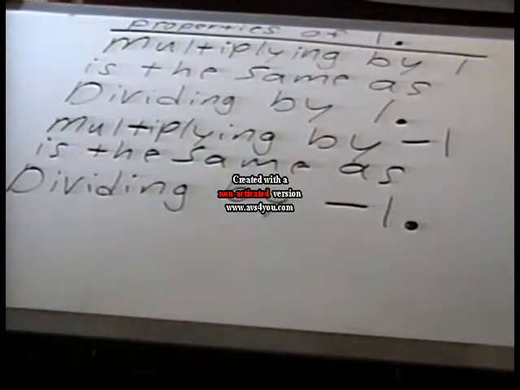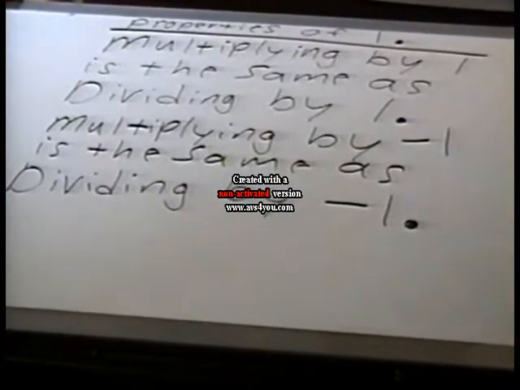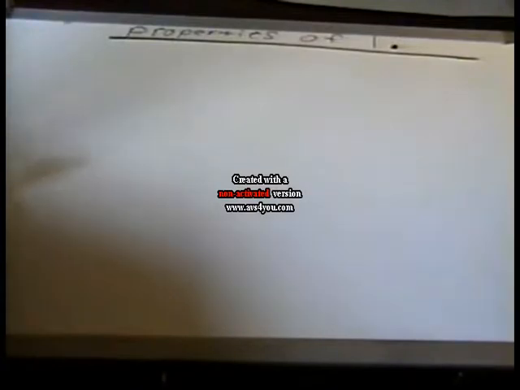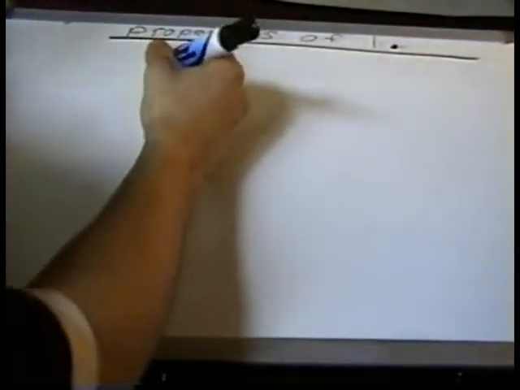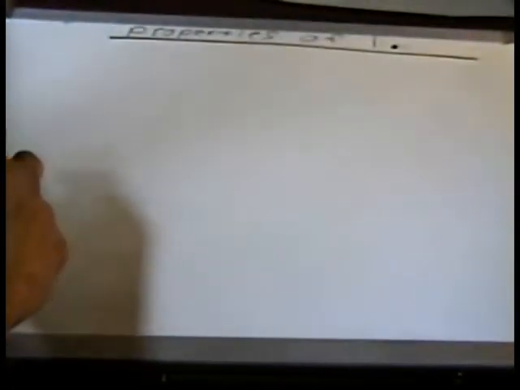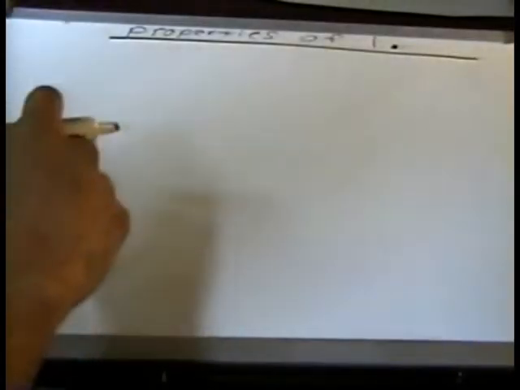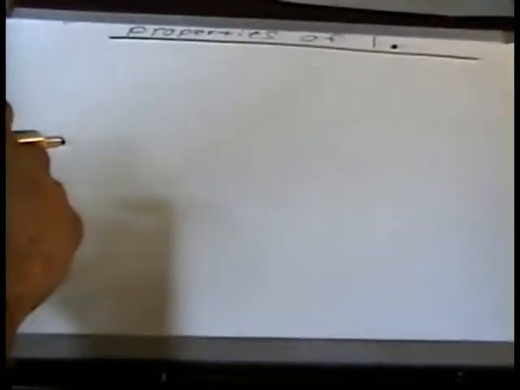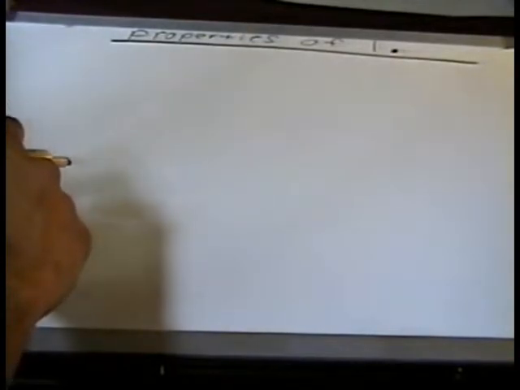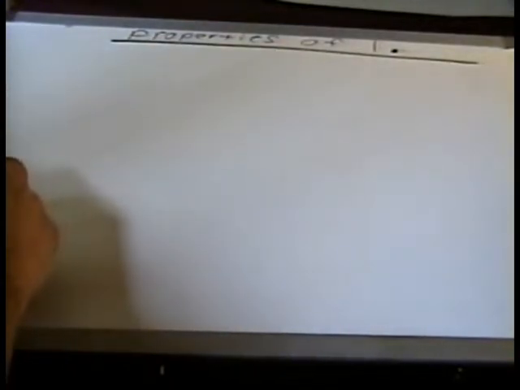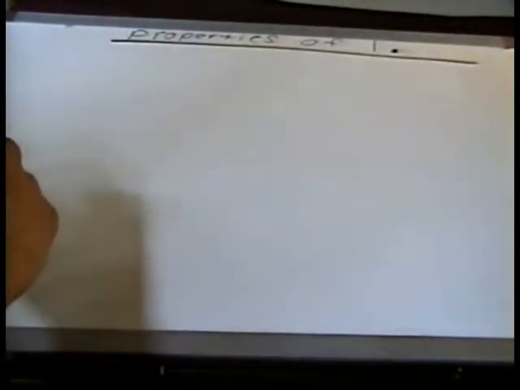B divided by negative 1 is equivalent to b times 1 over negative 1, which is equivalent to b times a negative 1, which gives you negative b. Okay?